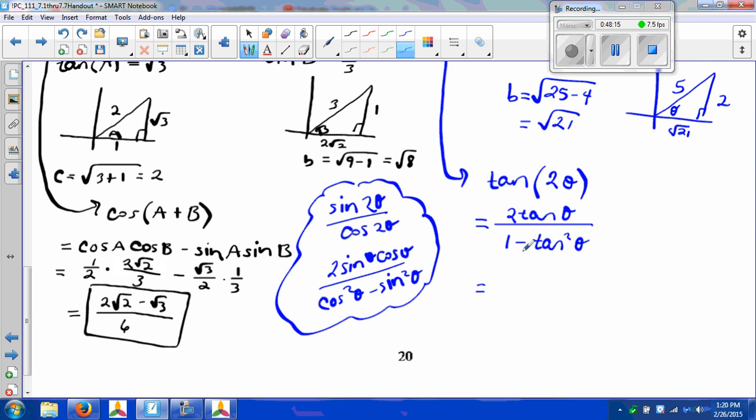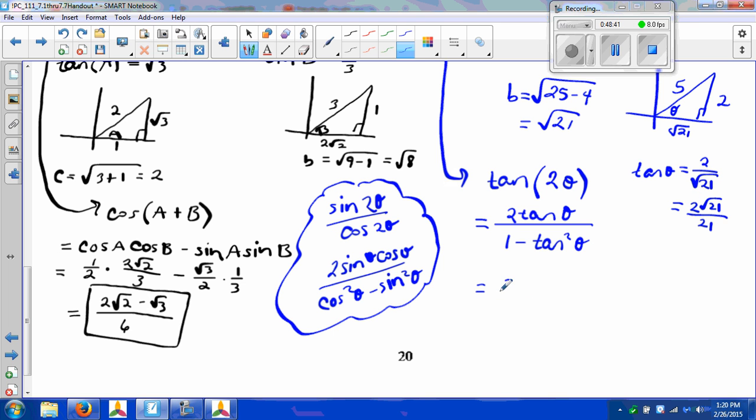So, 2 tangent theta. Tangent of theta is opposite over adjacent. I'm going to write that over here so I can go ahead and rationalize it. So the tangent of theta is 2 over root 21, which is 2 root 21 over 21.